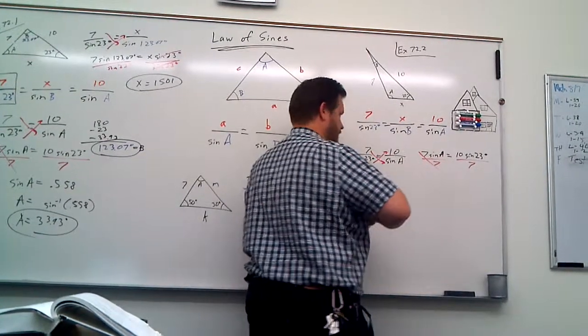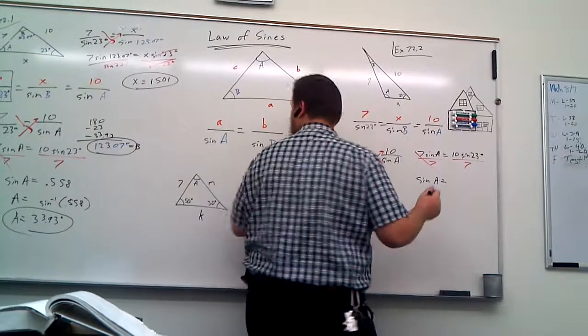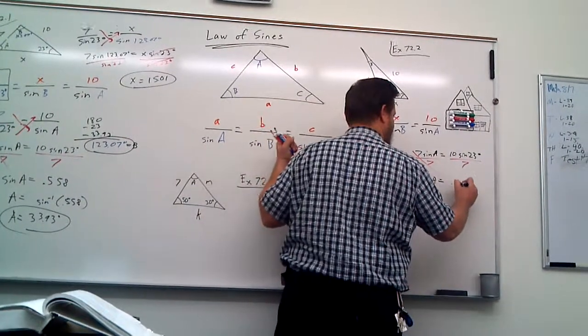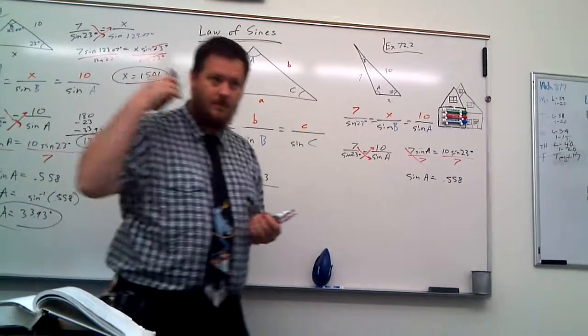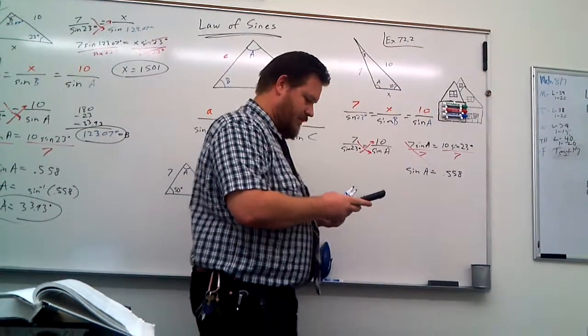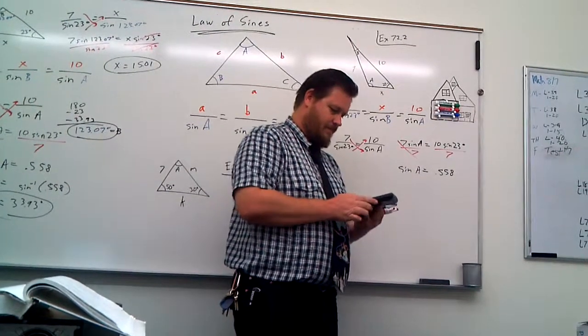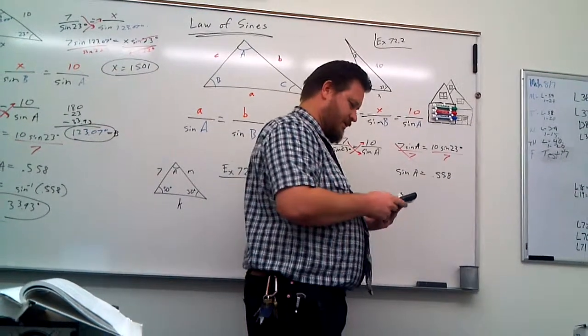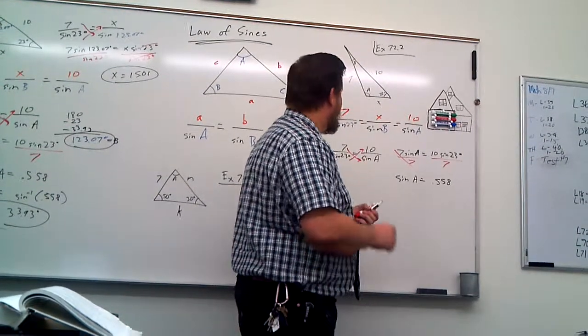Yes. Sine of A equals 0.558. And what do I do next? Inverse sine. You think it's going to give me the same answer this time? Yes. Inverse sine. And hey, what do you know? I get 33.93 degrees.